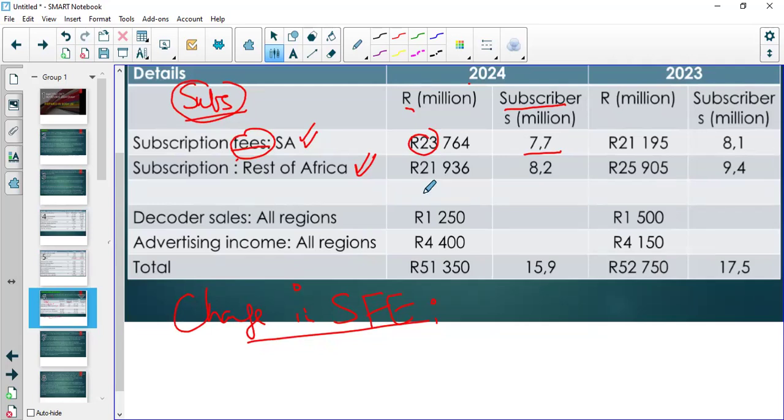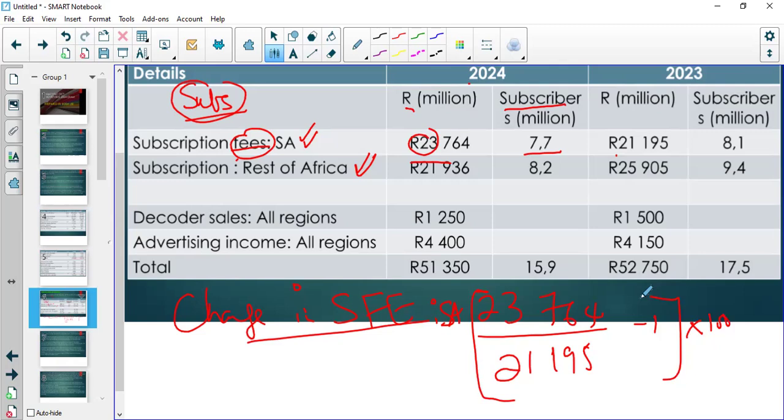Right, so change in subscription fee: last year, this current year is 23,764 for South Africa. Right. I can start with the South Africa category. And last year was 21,195. Right, you subtract 1, and then you obviously want that as a percentage, right? Then you're gonna get whatever you get there.